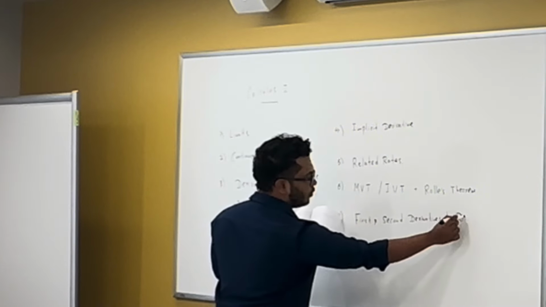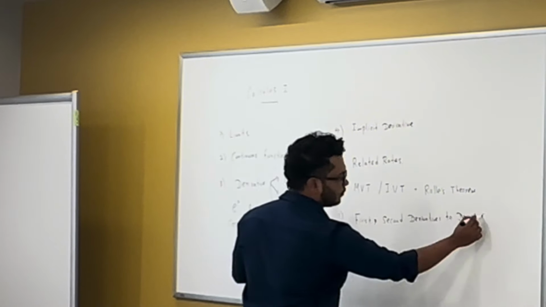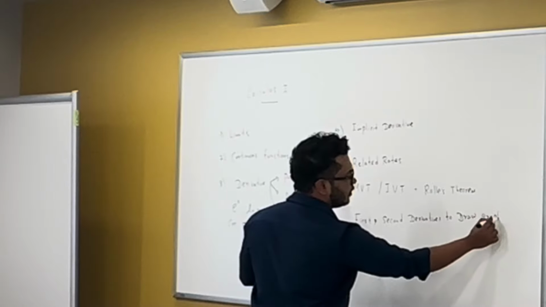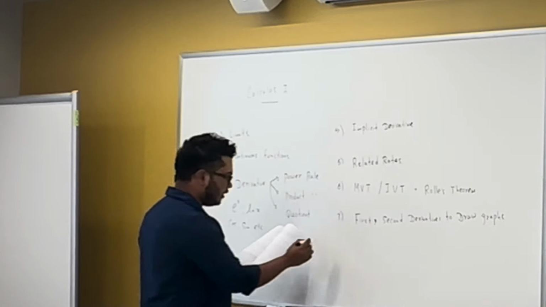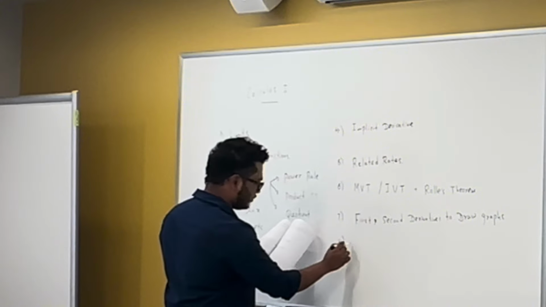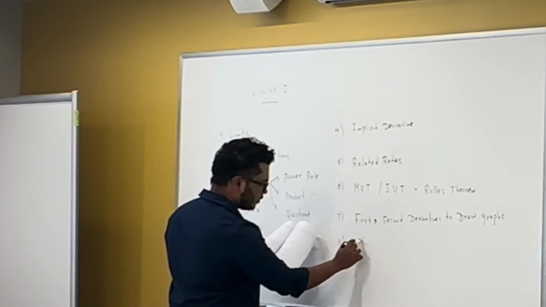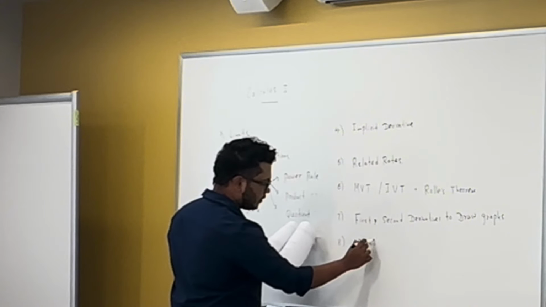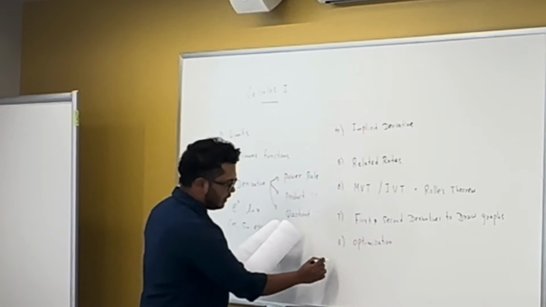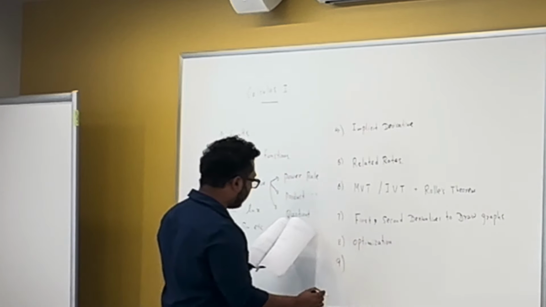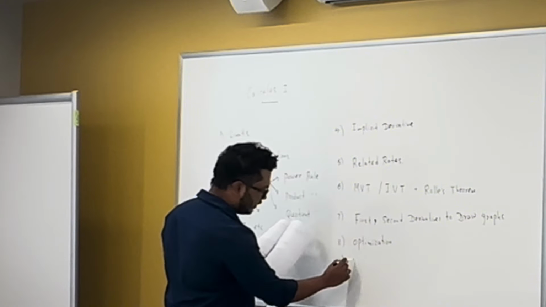We use the first and second derivatives to draw graphs. Not only to draw graphs, we also use them to do optimization problems. We did a lot of optimization questions in this course. And we talk about integration in general, right?